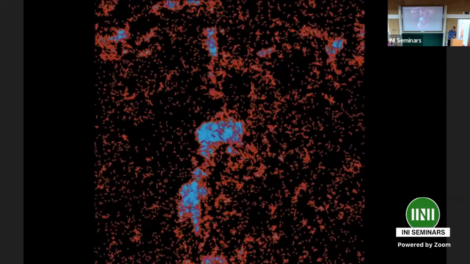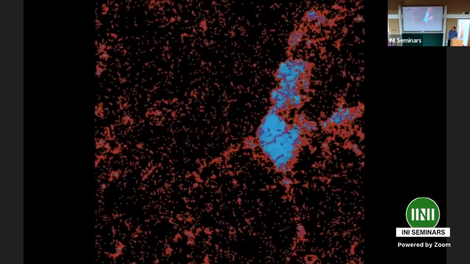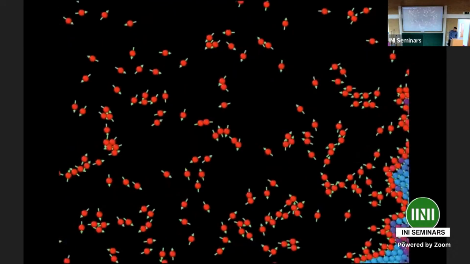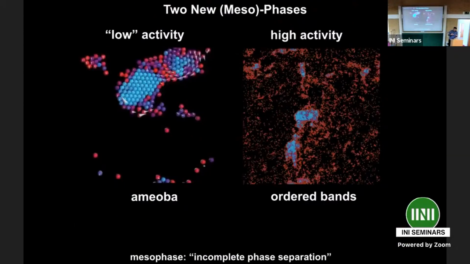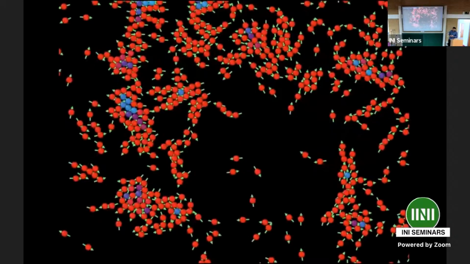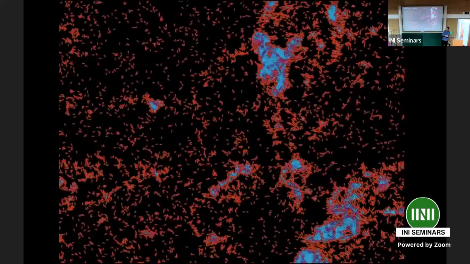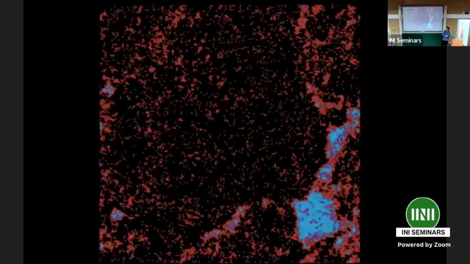This had previously been seen in the work by Denny Bartolo, but what they hadn't seen was the phase separation at lower density levels. So let me just go back. This is now zooming out of a simulation in this very high field strength phase where we're seeing banding.